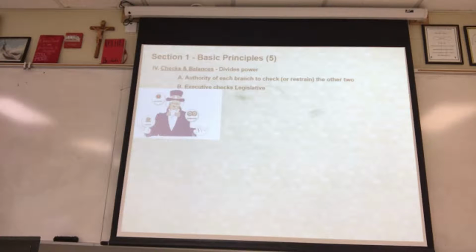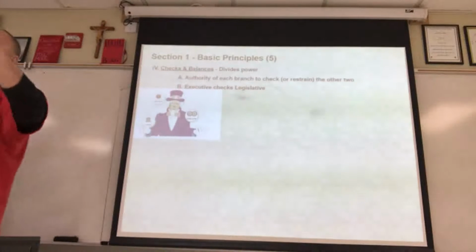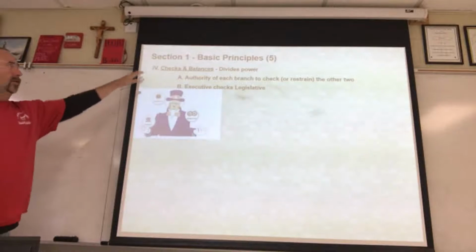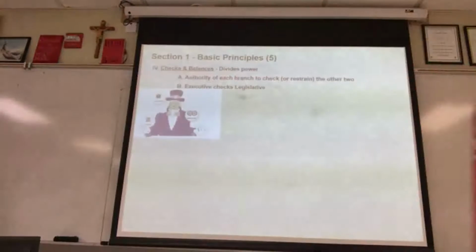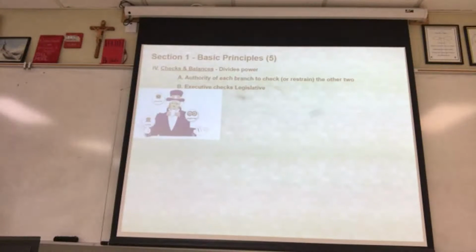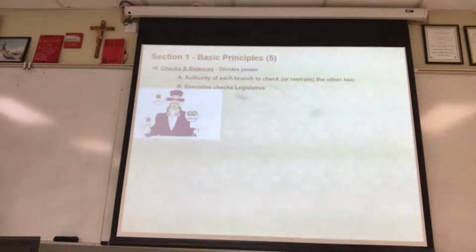Okay, so your 4th basic principle of the U.S. Constitution after separation of powers is checks and balances. You guys have all heard of this, right? Checks and balances. Okay, it's really not as complicated as you think it might be. It's actually pretty easy to figure out.